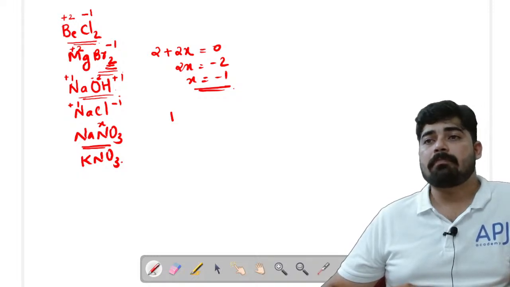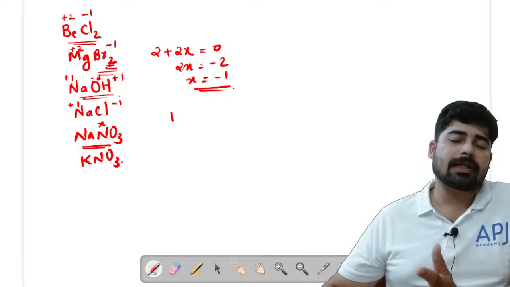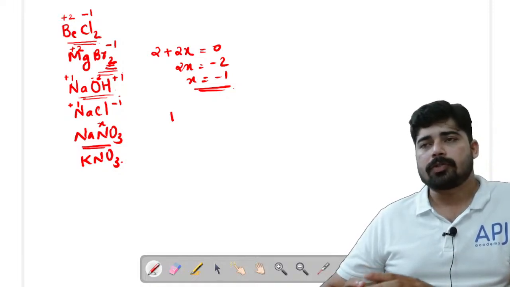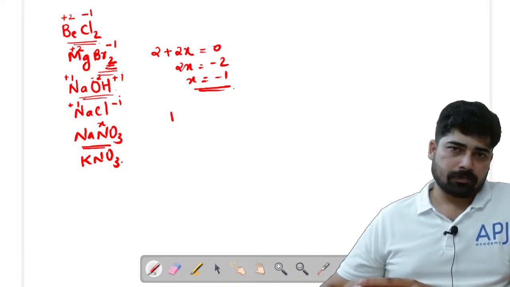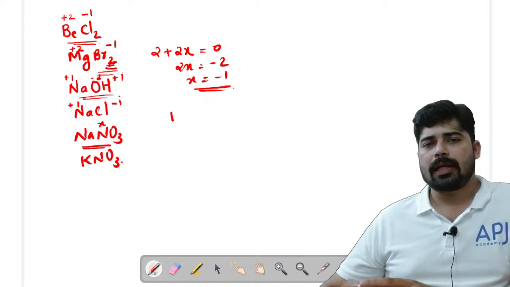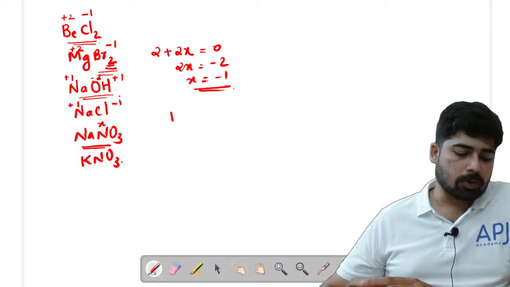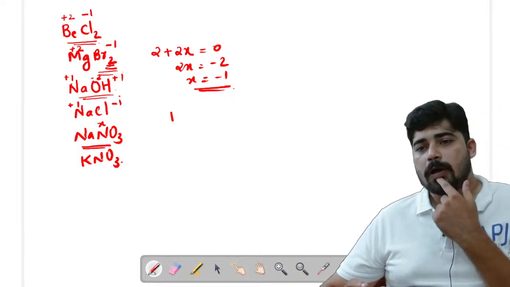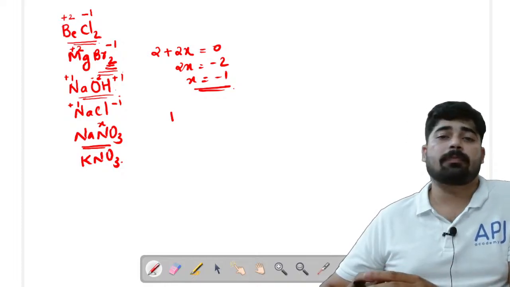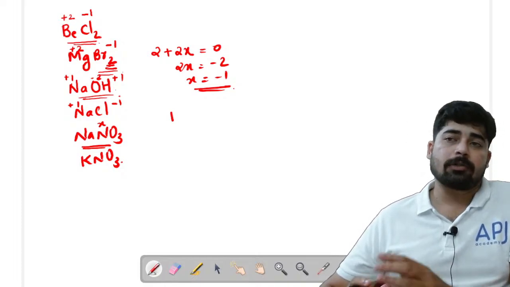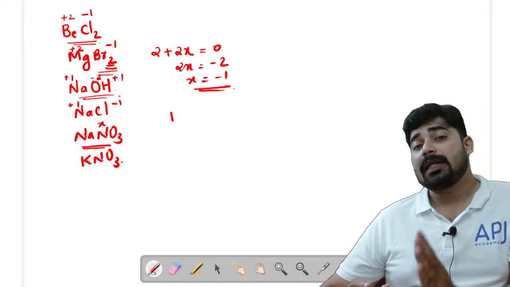IIT Bombay is the best institute in India where you can study computer science engineering as well as software engineering, because major companies like Google, Twitter and Amazon come to IIT Bombay for their recruitments. So if you are seriously looking into software engineering jobs, you have to seriously prepare for the IIT JEE exam, and you have to crack not only Mains but also Advanced with a very high rank.